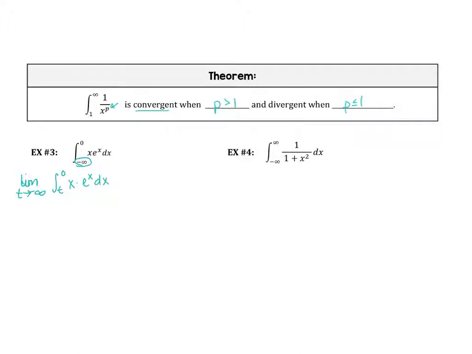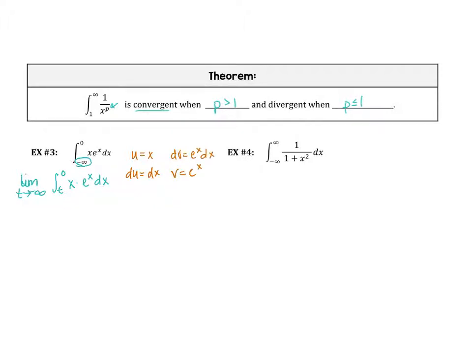And this looks like we're going to have our integration by parts. So over here to the side, we're going to let u be equal to x, du is dx, dv is e to the x dx, so v is going to be e to the x.